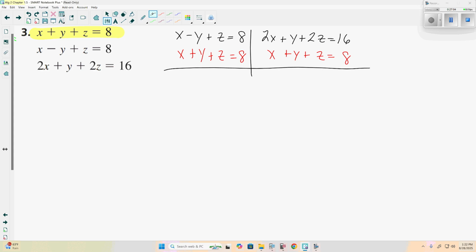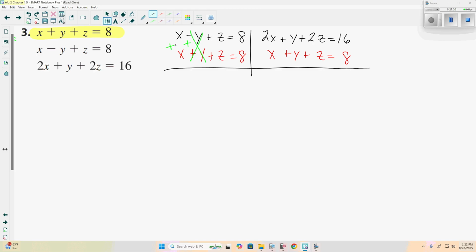Now, on the left, we have negative Y and Y. So if we add, what is negative Y plus Y? That would be 0. Negative 1 plus 1 is indeed 0.